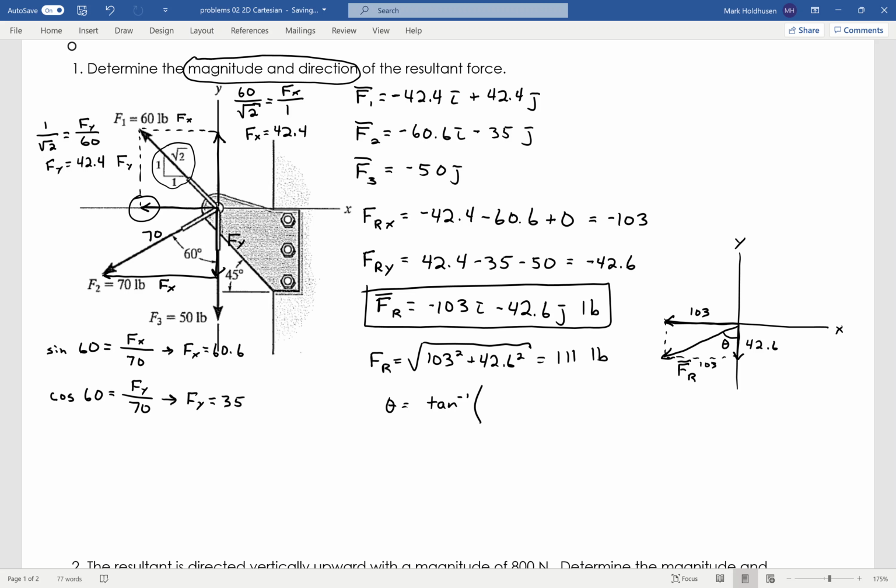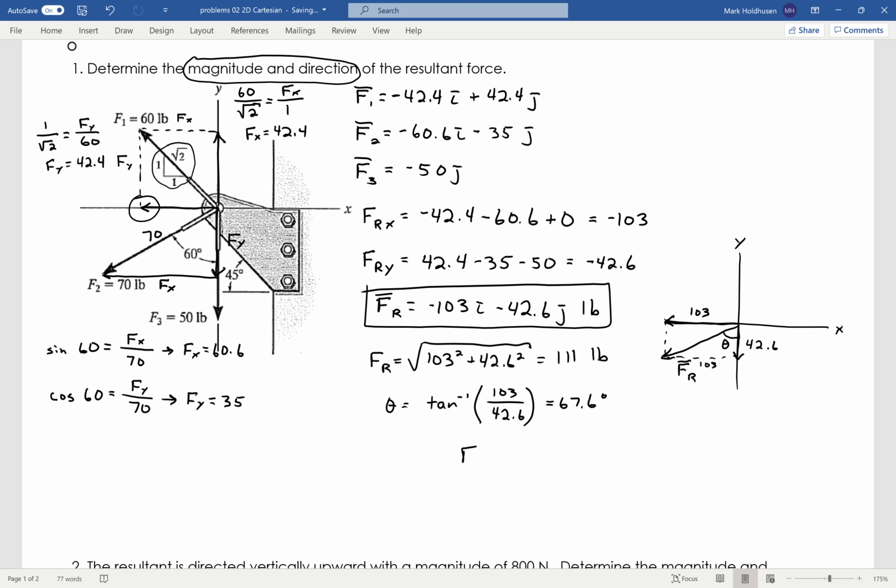Again, when you solve this, you want to make sure you're in degrees. That's going to be opposite over adjacent. So that's going to be 103 divided by 42.6. And again, tangent of an angle is opposite over adjacent. So the inverse tangent of that opposite over adjacent will give me what that angle is, which once I do that, I get 67.6 degrees.